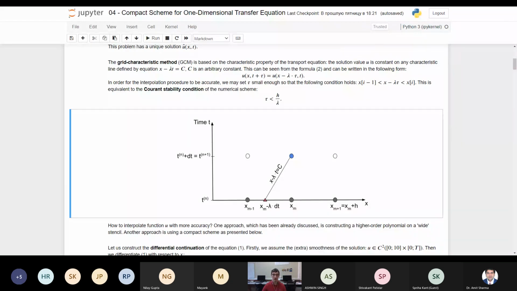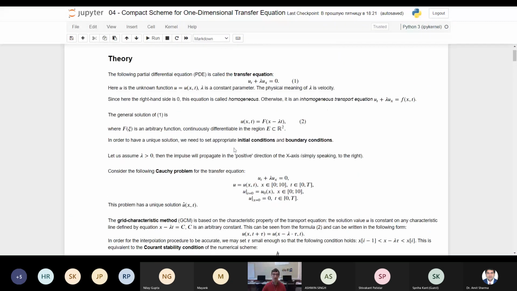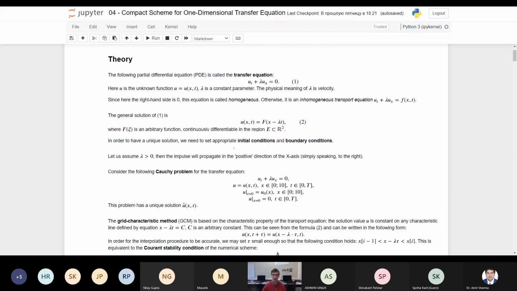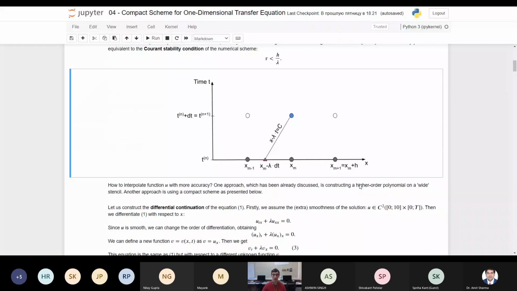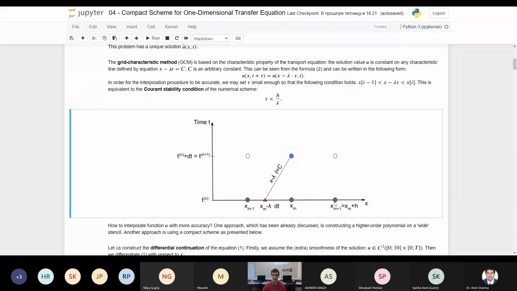So basically, since the solution function depends on two variables, x and t, it is defined in this whole region. Or more precisely, it's defined in a square with borders x from 0 to 10 and t from 0 to capital T. However, since we are using numerical methods, we know the function values only in a discrete number of points.